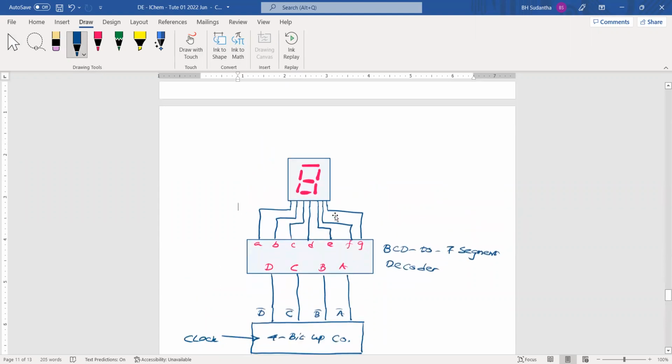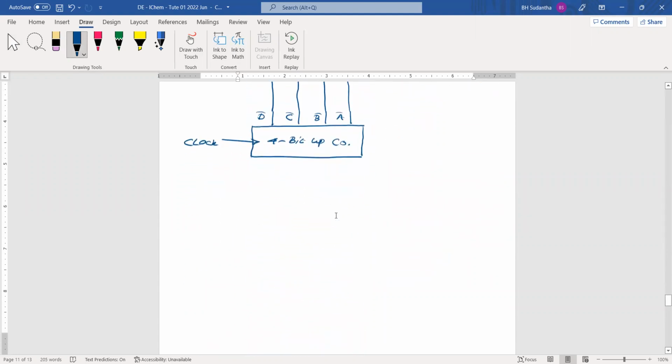But you know that here with our count, starting from 0, 0, 0, 0, it's going up to 8 and 9.